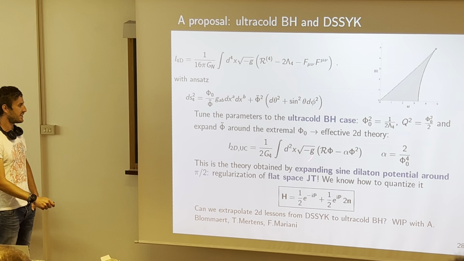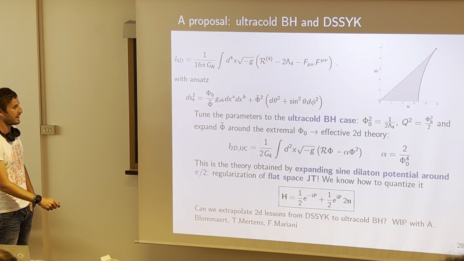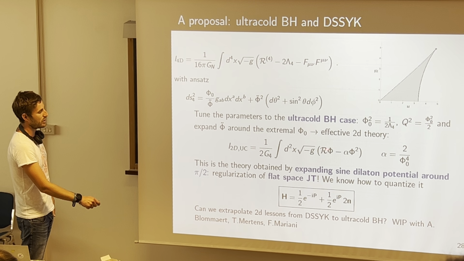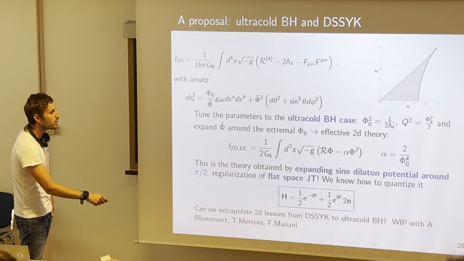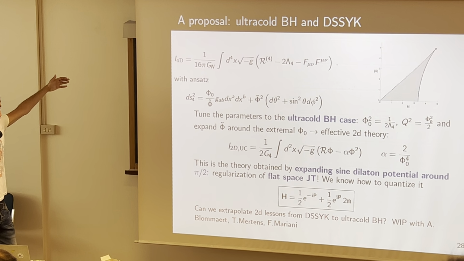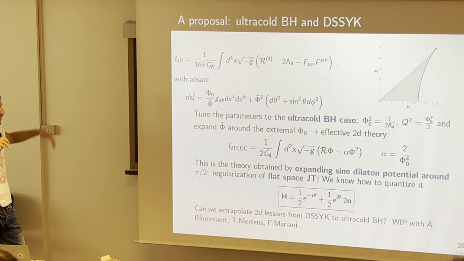As he explained, this is a regularization of flat space JT. You can see it here, because if you vary with respect to the dilaton, you have almost R equal to 0. But this small quadratic fluctuation creates a cosmological horizon very far away. So this is regulating your flat space JT.